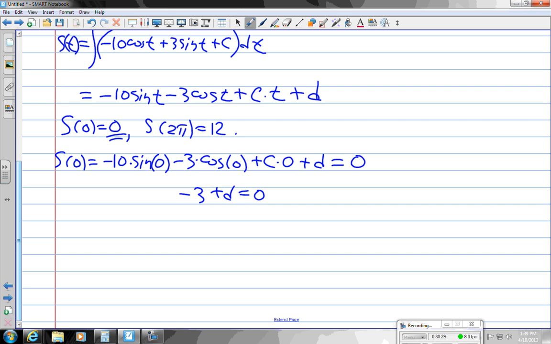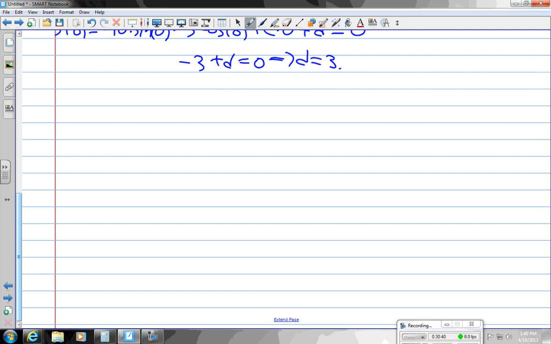Right? So what is d then? d equals 3. So for now, the position is negative 10 sine t minus 3 cosine t plus c times t plus 3.